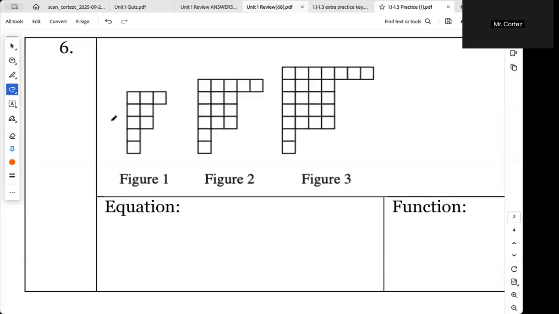Next one. If I look closely, I have a square in the middle. Still the square. This is a 4 by 4, 3 by 3, 2 by 2, making f of 0 need a 1 by 1.